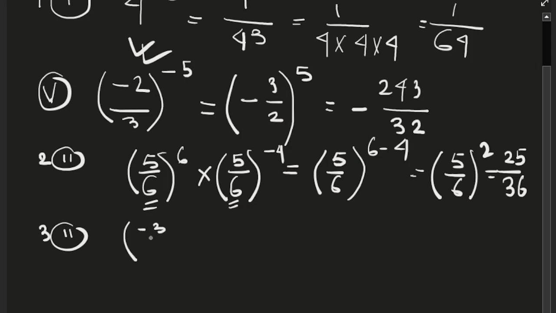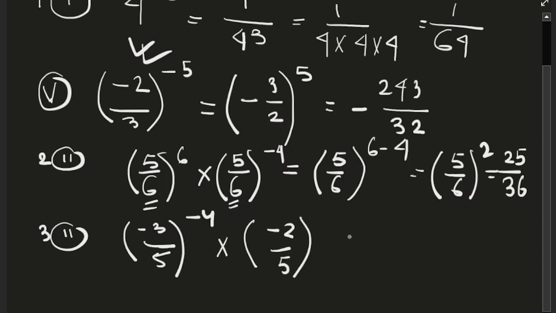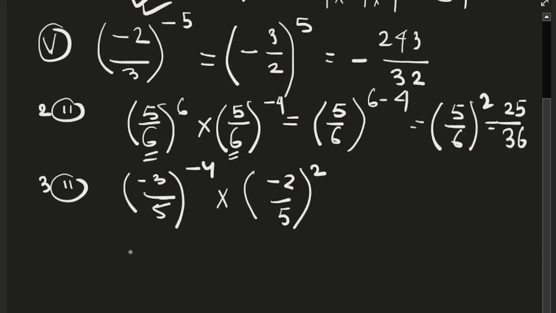The question is (-3/5)^(-4) multiplied by (-2/5)^2. So first, for this negative power, we have to make the base reciprocal.